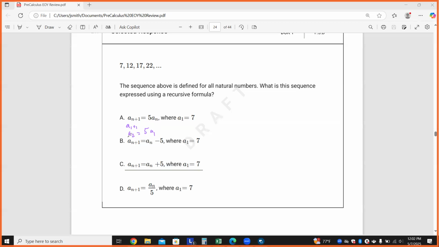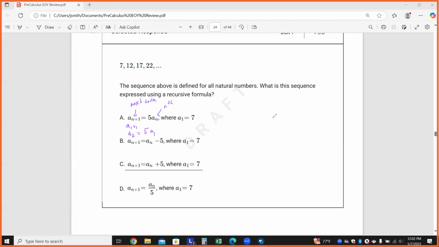That's what these n plus 1s mean. So this right here just represents the nth term, and this right here would be the next term. Like if this was a sub 7, then this would be a sub 8. N plus 1 just represents the next term in the sequence at any given time.